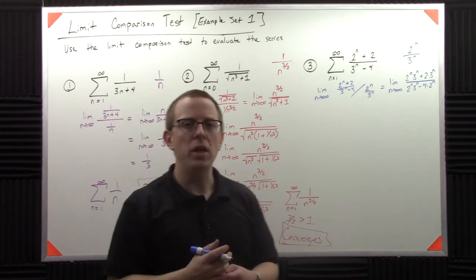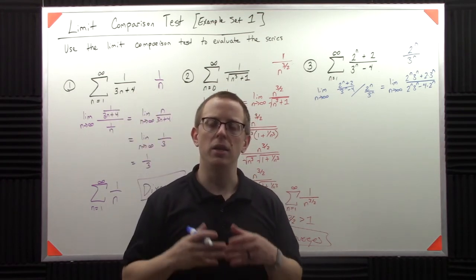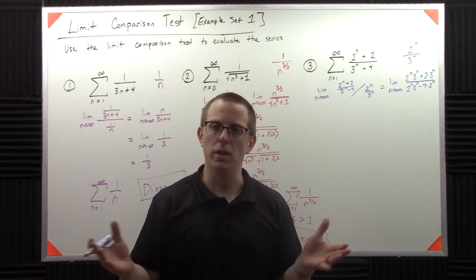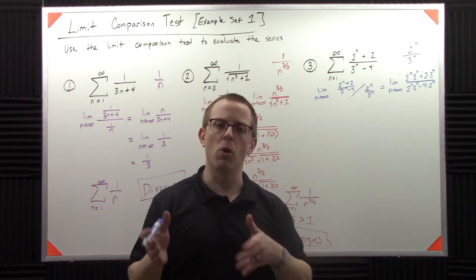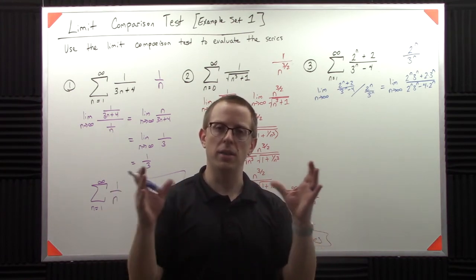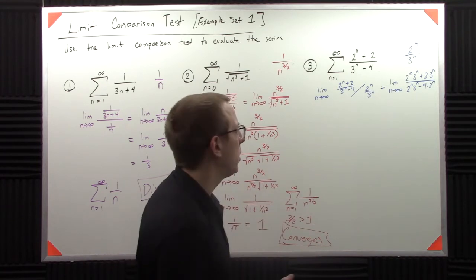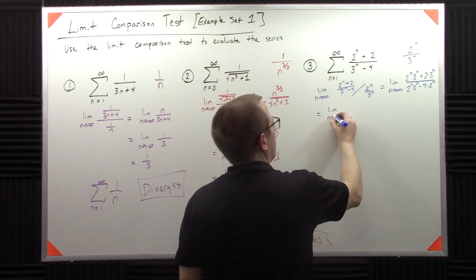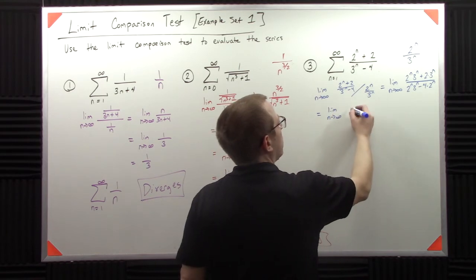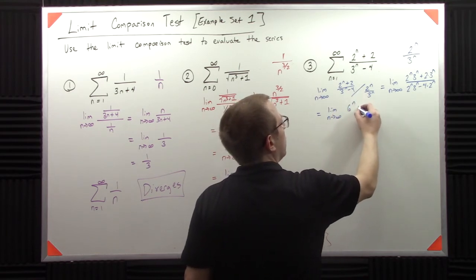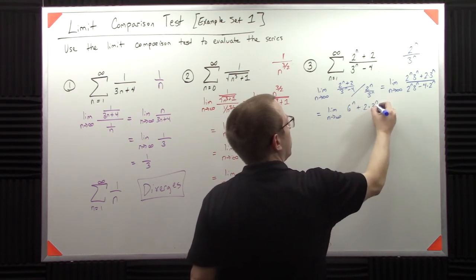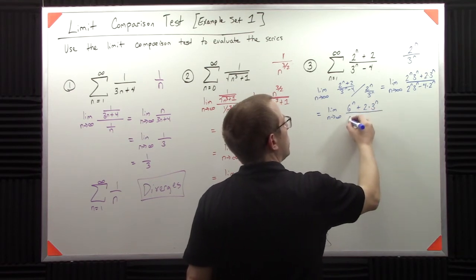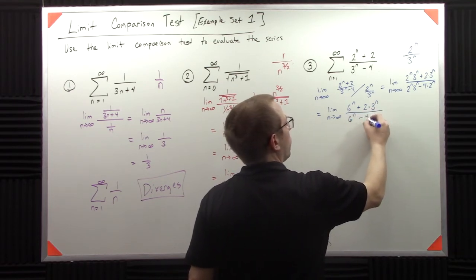Now, 2 to the n times 3 to the n is going to be just like 6 to the n, right? That's how powers work. You have a to the x times b to the x, it's just ab to the x. So that's 6 to the n plus 2 times 3 to the n, over 6 to the n minus 4 times 2 to the n.